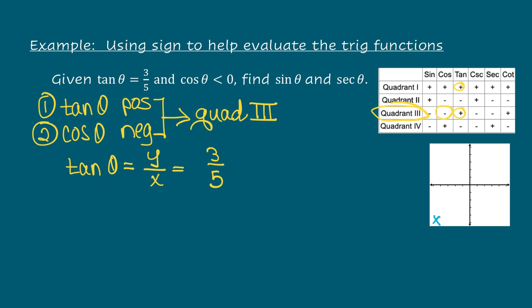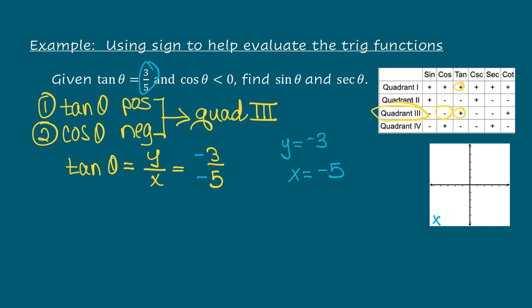That means both of my x and y values are negative. That means I have a y equal to -3 and I have x equal to -5 in order to make this happen. So both of these need to have a negative sign on them, which makes it work anyway, even though it's a positive number right here.